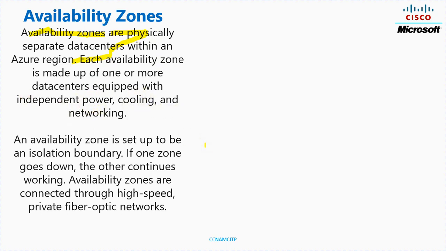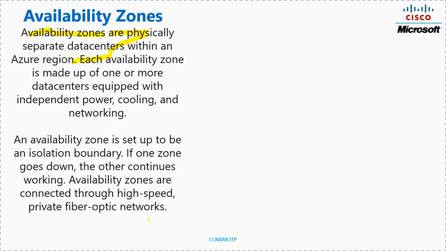And apart from this, an availability zone is set up to be an isolation boundary. Yes, if one zone goes down, the other continues working. And availability zones are connected through high-speed private fiber optic networks. So they are highly, you know, high-speed private fiber network connections, basically optic networks.